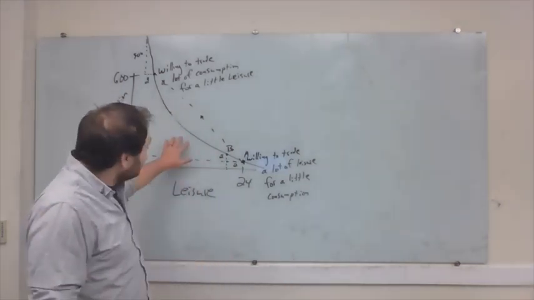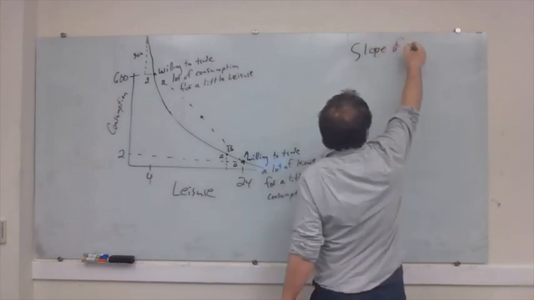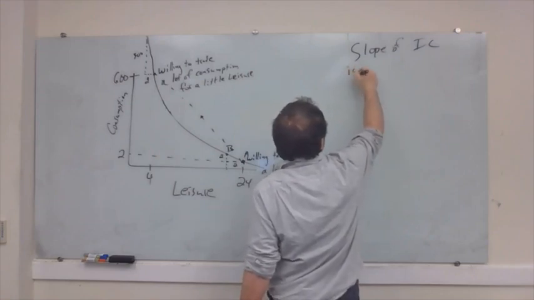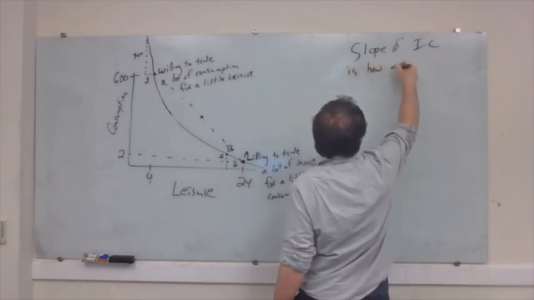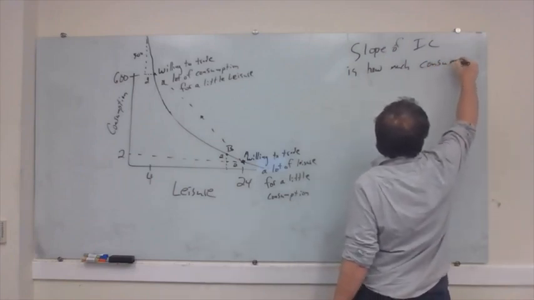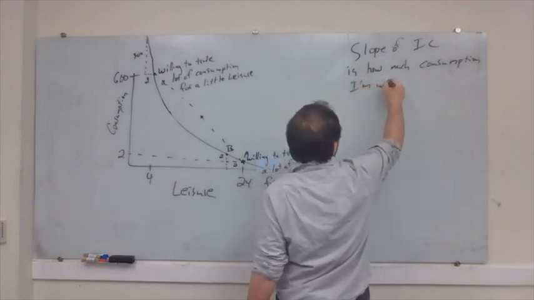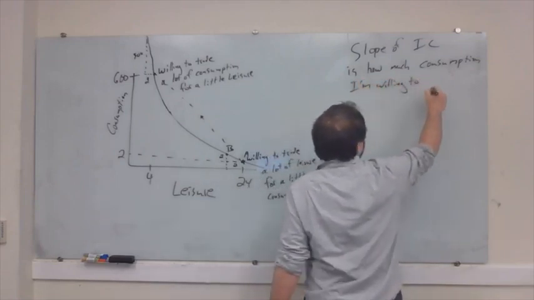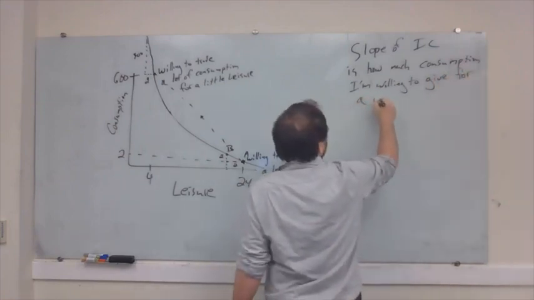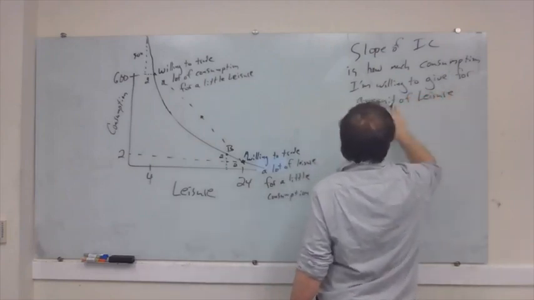So the slope of my indifference curve is going to tell me how much consumption I'm willing to give for a unit of leisure, an hour of leisure.